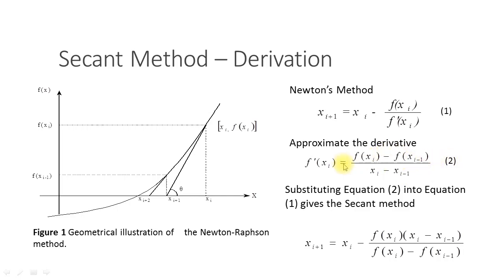Now, substituting the value of f dash at xi from equation number 2 into equation number 1, we obtain the secant method as xi plus 1 is equal to xi minus f of xi into xi minus xi minus 1 divided by f of xi minus f of xi minus 1.